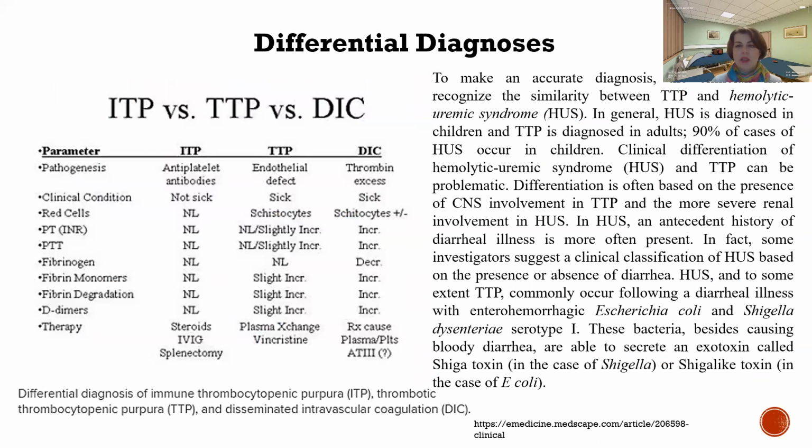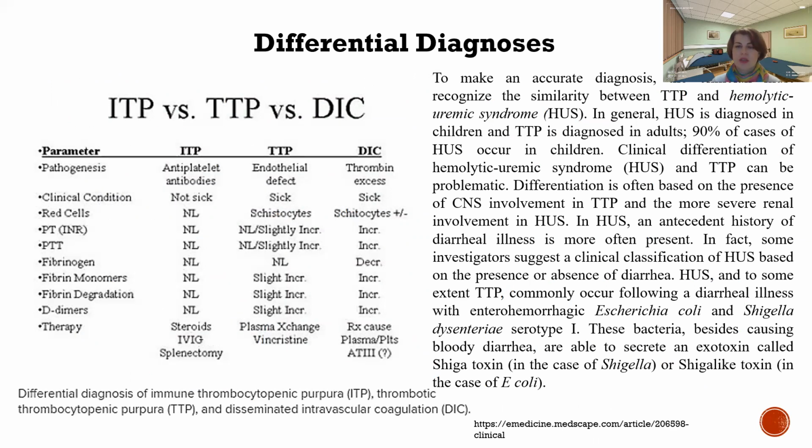To make an accurate diagnosis, the clinician must recognize the similarity between thrombocytopenic purpura and hemolytic uremic syndrome. In general, the syndrome is diagnosed in children and thrombocytopenic purpura in adults. 90% of cases of hemolytic uremic syndrome are children's cases.